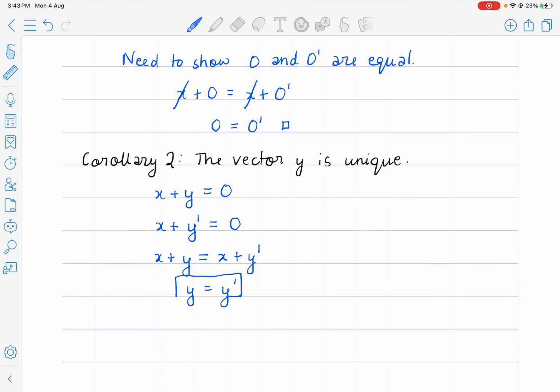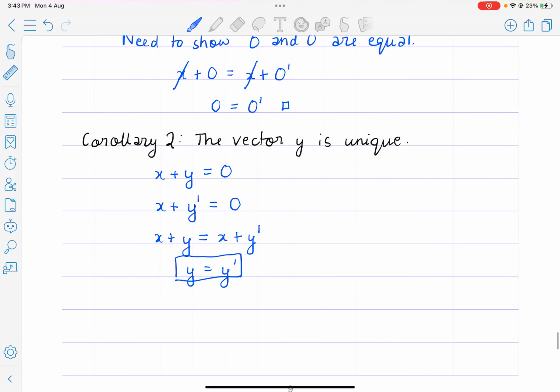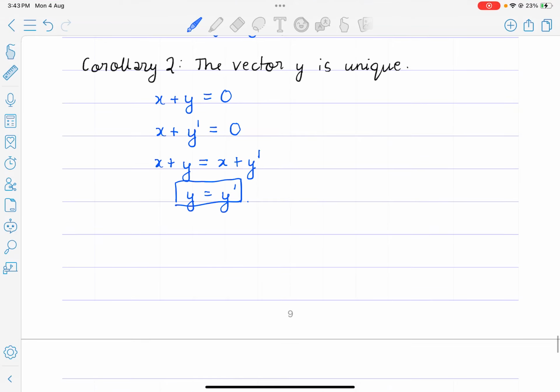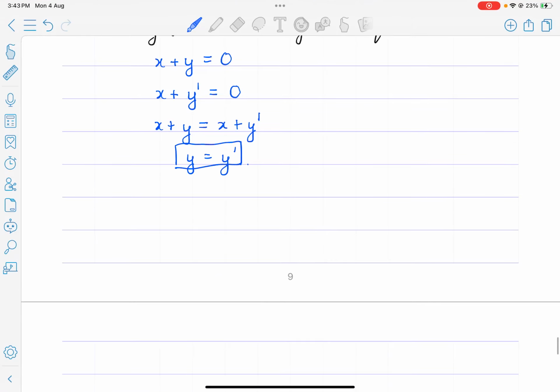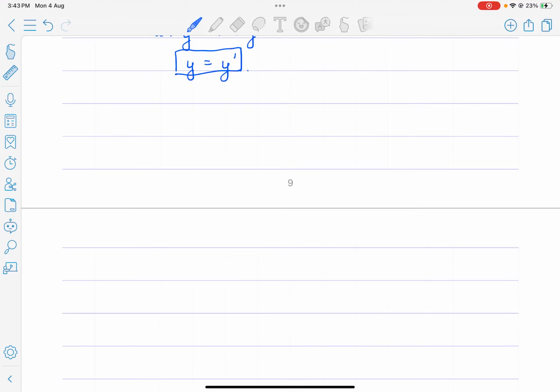So that's the proof that y is unique. We cannot have a different additive inverse for x. This concludes the proof of corollary 2.